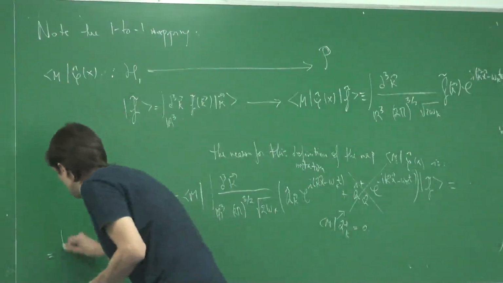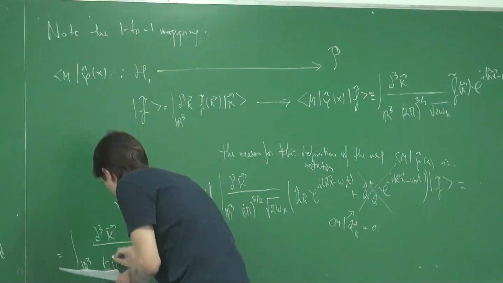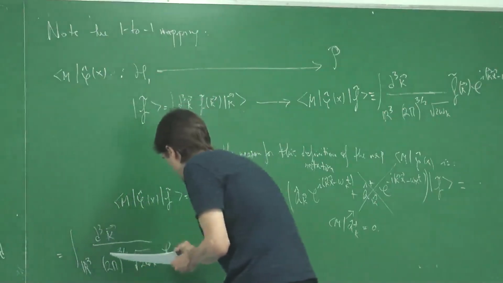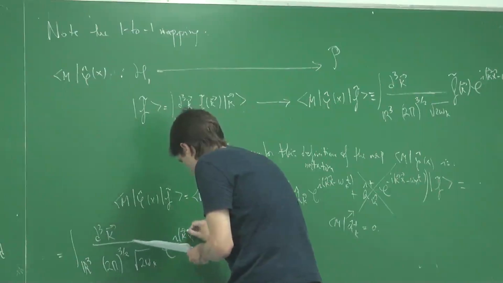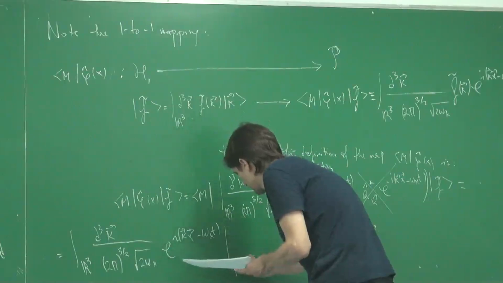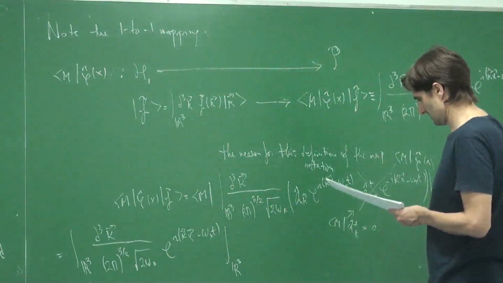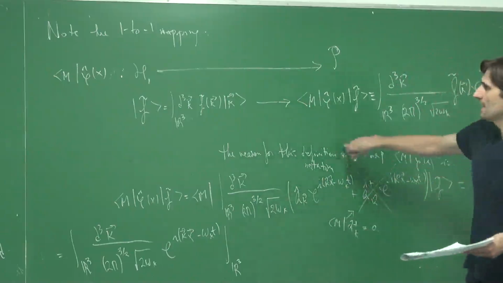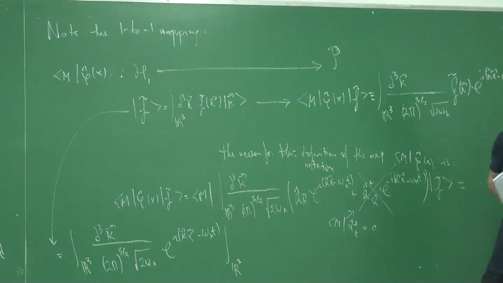Okay, so now I'm just expressing F using this, as a linear combination of the bases.